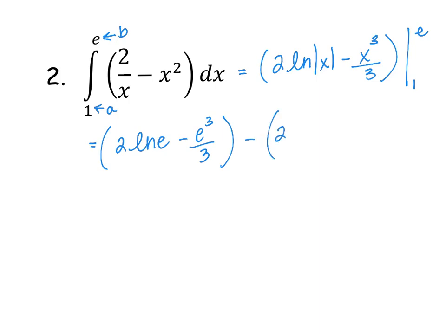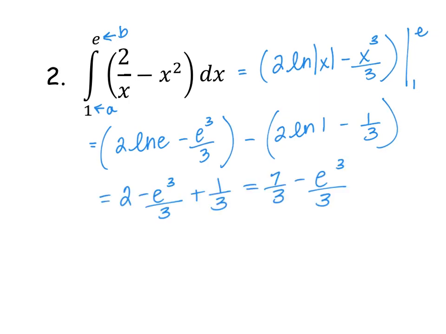Substituting in, I have 2 ln of 1 minus 1/3. Simplifying, I get 2 minus e cubed over 3 plus 1/3. Just an FYI, ln of e is 1, ln of 1 is 0. Combining like terms, I get 7/3 minus e cubed over 3.